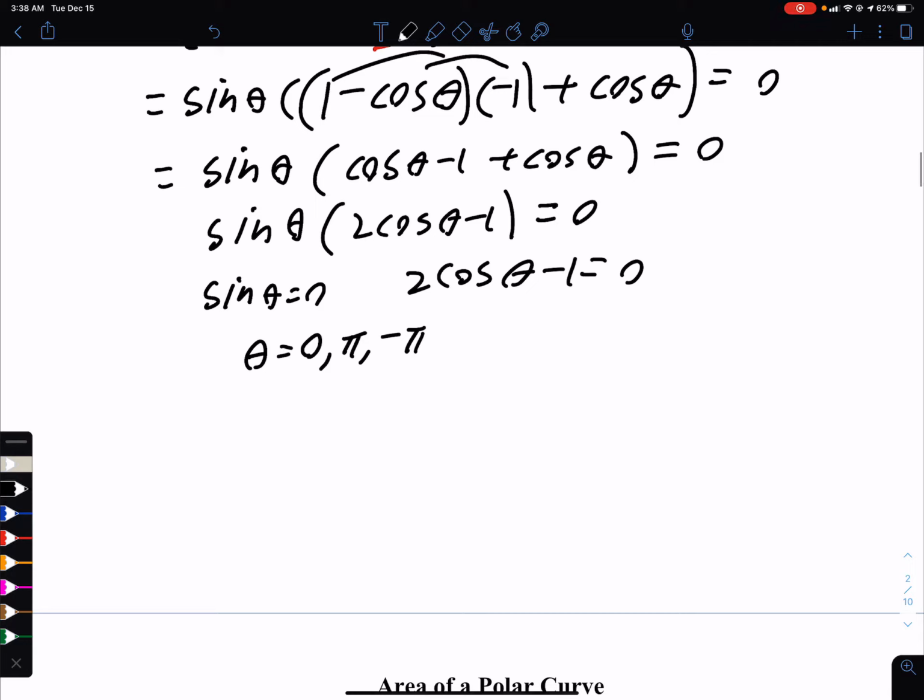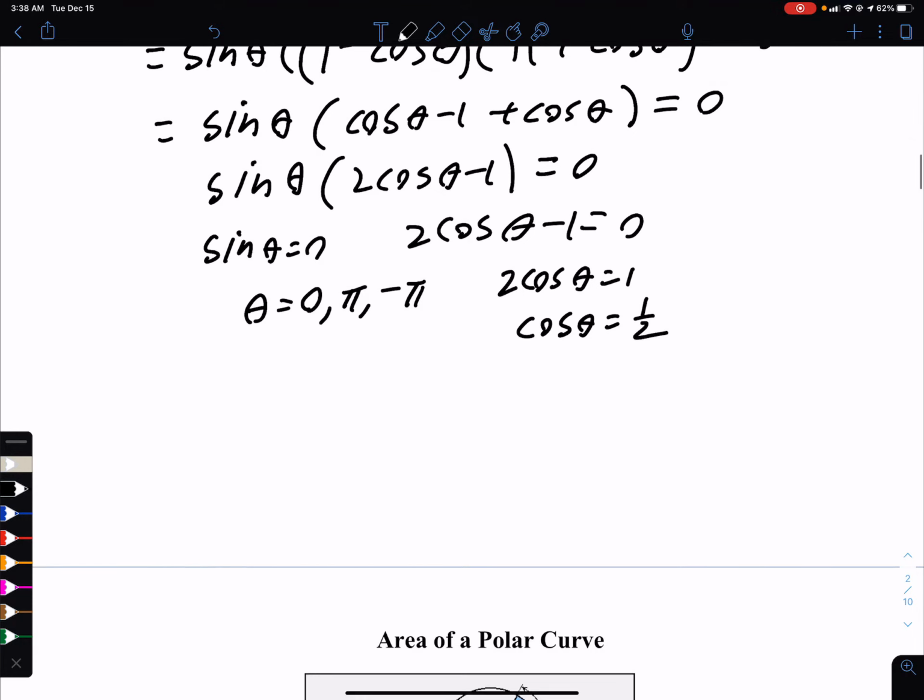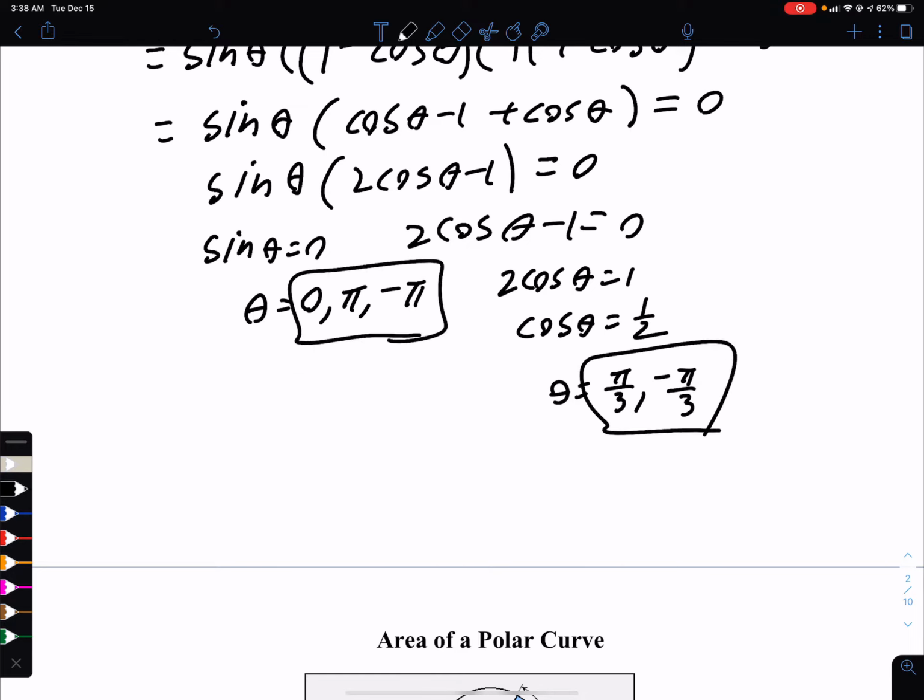I add 1 to both sides, divide both sides by 2. And what angles has a cosine of 1/2? That's going to be pi over 3 and negative pi over 3. So those are the angles that will get me a vertical tangent line.